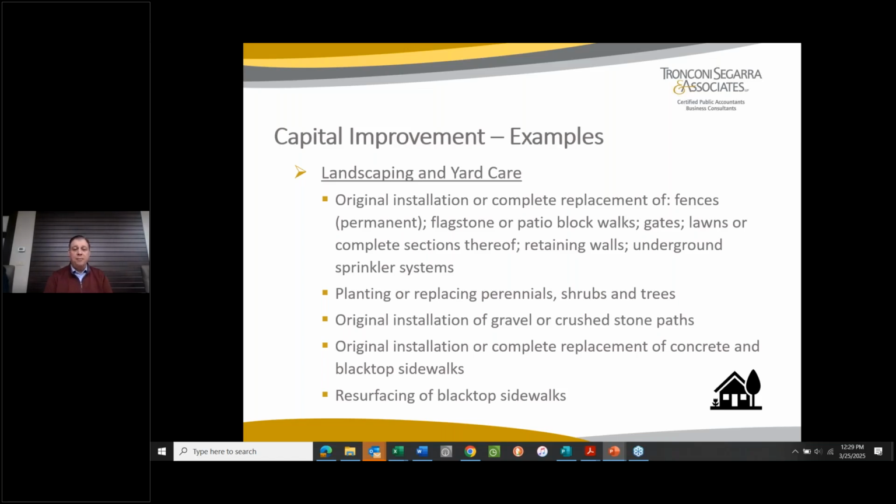Planting or replacing perennials, not annuals, but perennials, shrubs and trees, that initial installation has to be a capital improvement as well. I just had that last summer. My mother had a guy come out and remove one of her trees that was dying in the front yard, and I got the invoice from the guy, and he's not charging sales tax. And I got into a whole thing with them saying, well, you've got to charge sales tax.